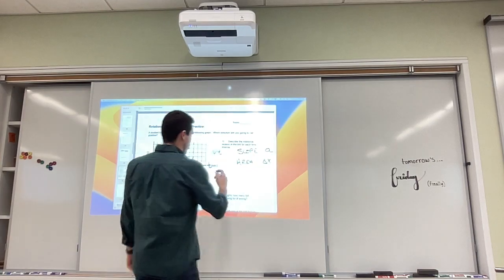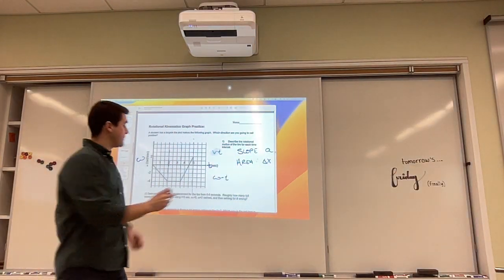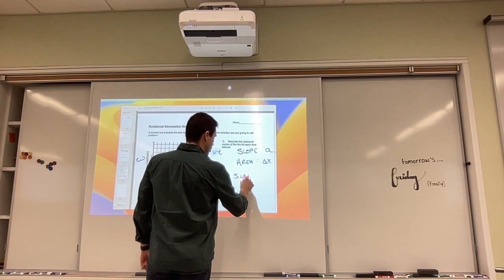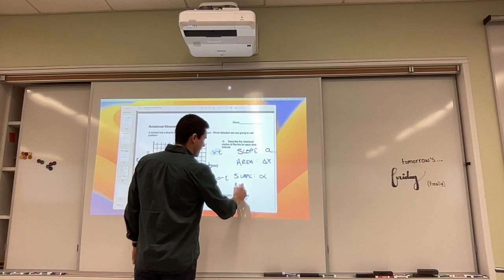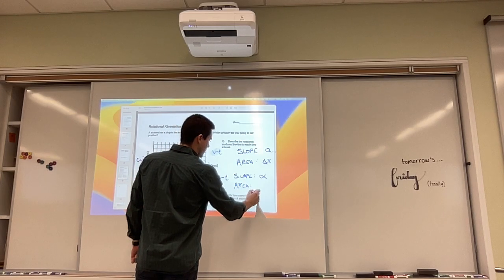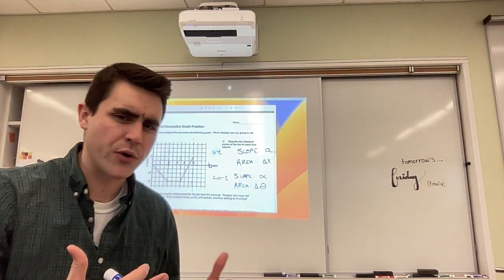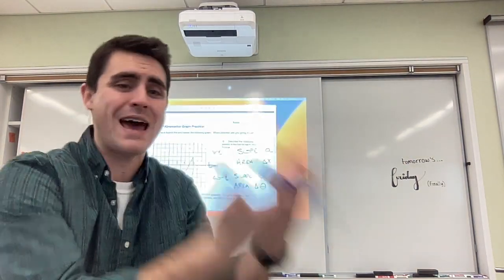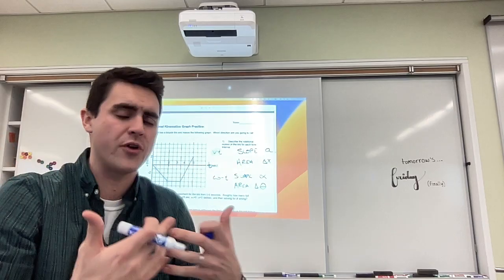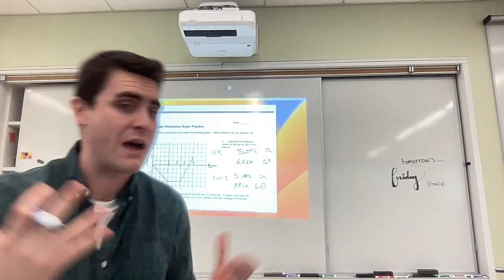In keeping with this trend of similarities, that means that with an omega-time graph, our slope should be and is angular acceleration, and our area for that graph is going to be change in angular displacement, or change in theta. These are things to remember that we learned earlier on, and it just makes good sense that these relationships still hold true because their mathematical relationships still hold true. Therefore, their graphical relationships still hold true because the equations come from this graphical data.